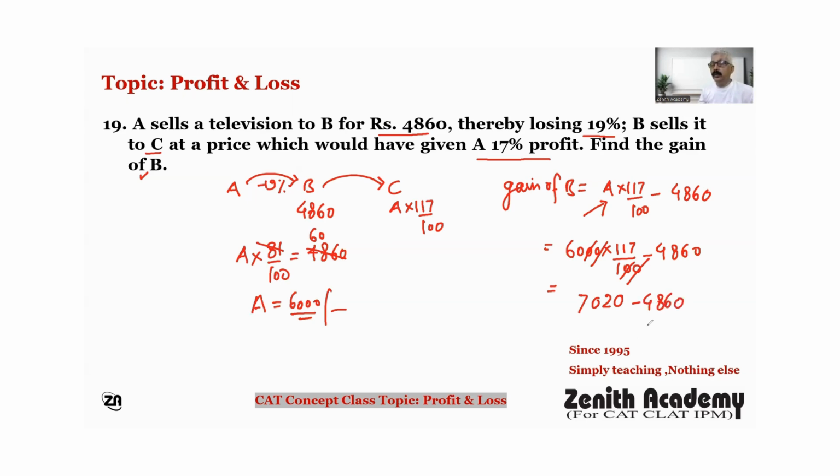So 0 0 0, 12 minus 6 6, and then 9 minus 8 1, and 6 minus 4. This is the gain of B. This is the answer. Now see the next question.